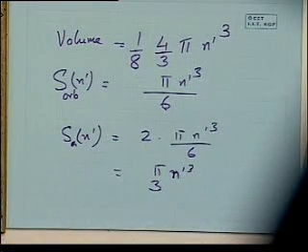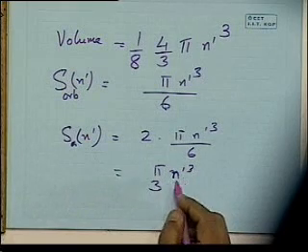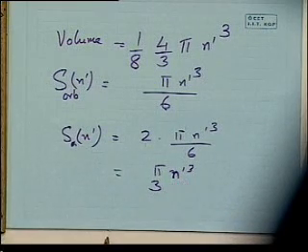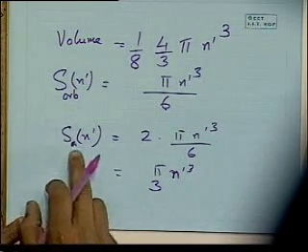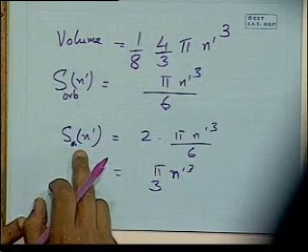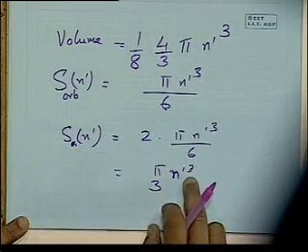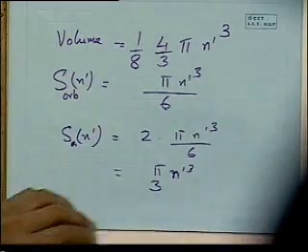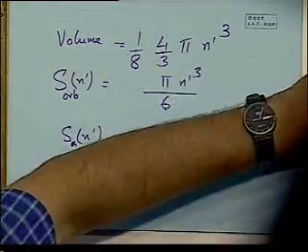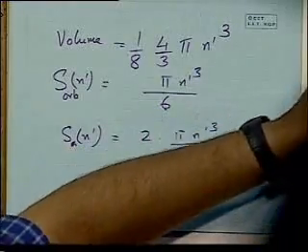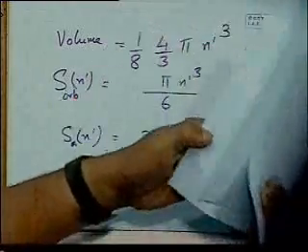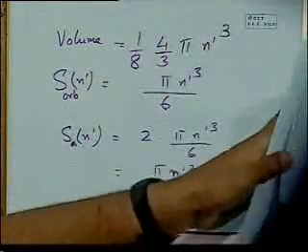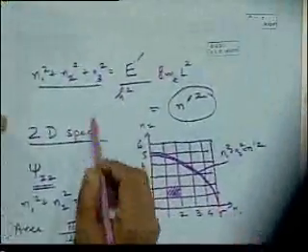Okay? I can now make a substitution for n dash in terms of E dash. I want a relation in terms of energy. So I go back to my original equation which I had here, namely, this equation here.